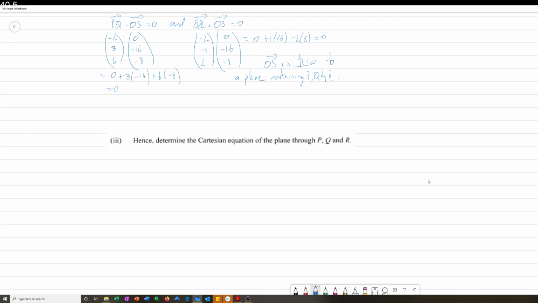And you know what? They want us to find the equation of the plane. So they say determine the Cartesian equation of the plane through P, Q, and R. So the equation of a plane, there are multiple forms you could use. I am using this form: N dot r is equal to N dot r naught.